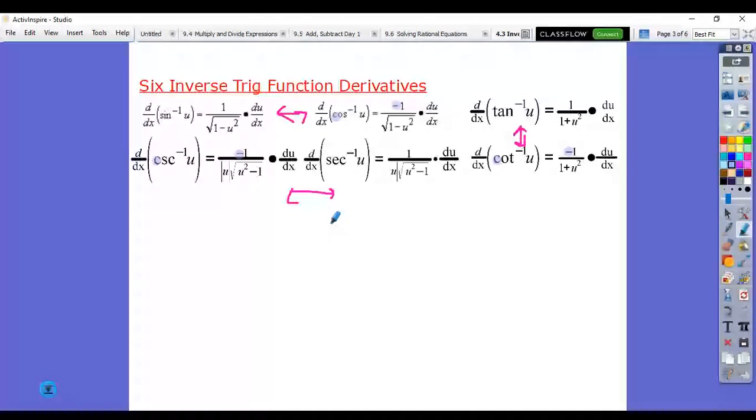What's kind of weird though is that it's not the reciprocals, it's the co's. Cosine is the same as sine, but the co is negative. Cosecant is the same as secant, but the cosecant is negative. Probably the one we see the most is tangent, luckily, because it's the easiest one to remember.